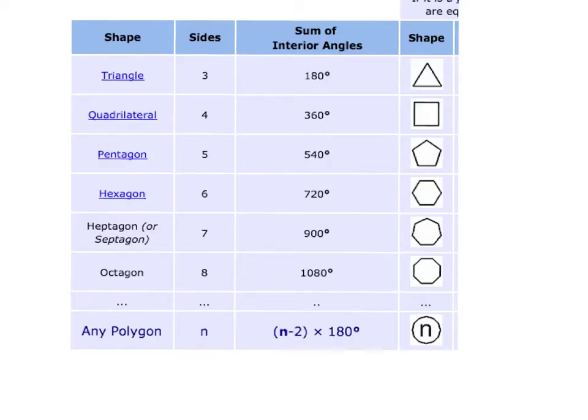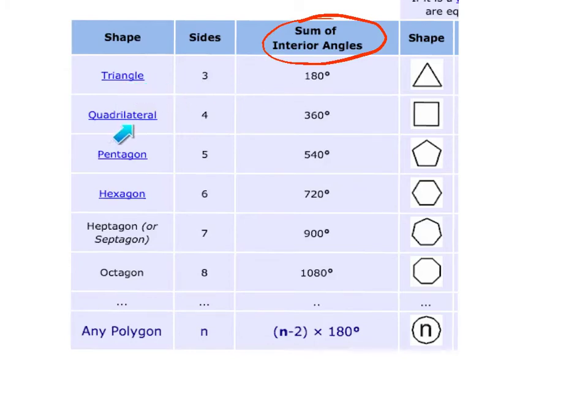Now this table will help you quite a bit. What this table shows is how many angles there are in a polygon. Let me start again. What's the sum of the interior angles of a polygon? In a triangle, it's 180 degrees.